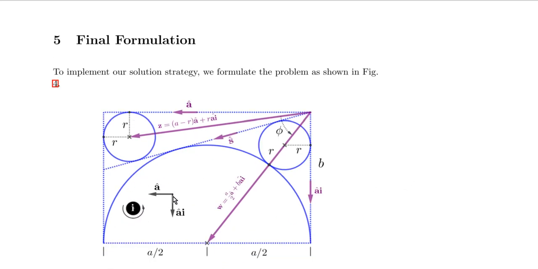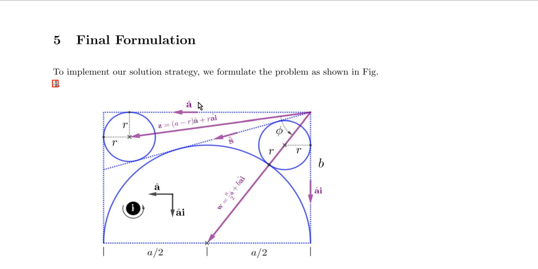We define the unit vectors a hat and a hat I, which is the rotation of a hat by 90 degrees in the sense of rotation of I, and we can formulate this vector reflection.